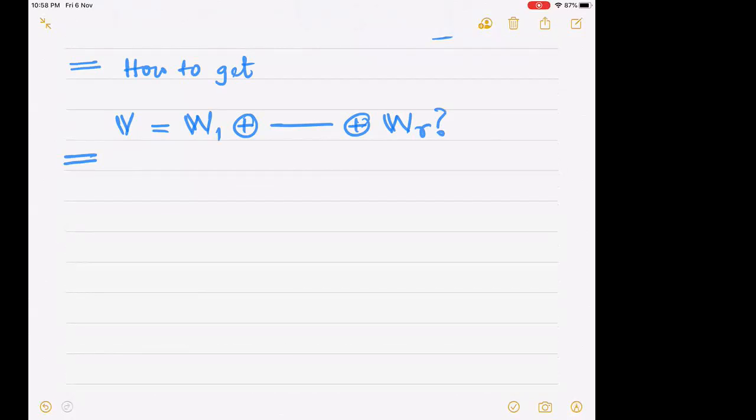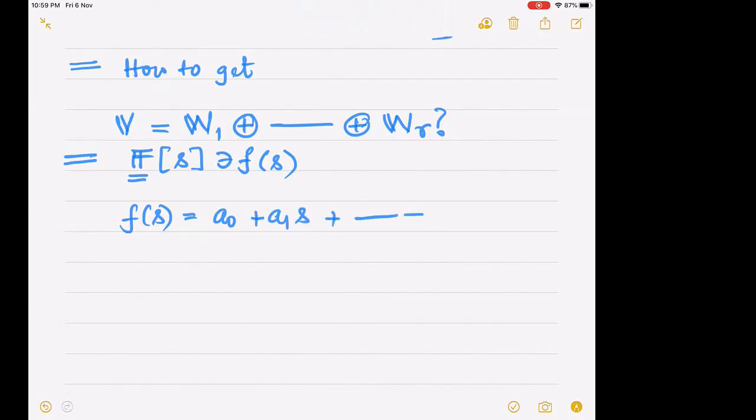So we have already seen some hint of polynomials. This is the set of all polynomials with coefficients coming from the field F, polynomials in the unknown variable S. Suppose f is a typical polynomial there. f would be written as f(s) equals a0 plus a1 times s plus dot dot dot up to am s to the power m.